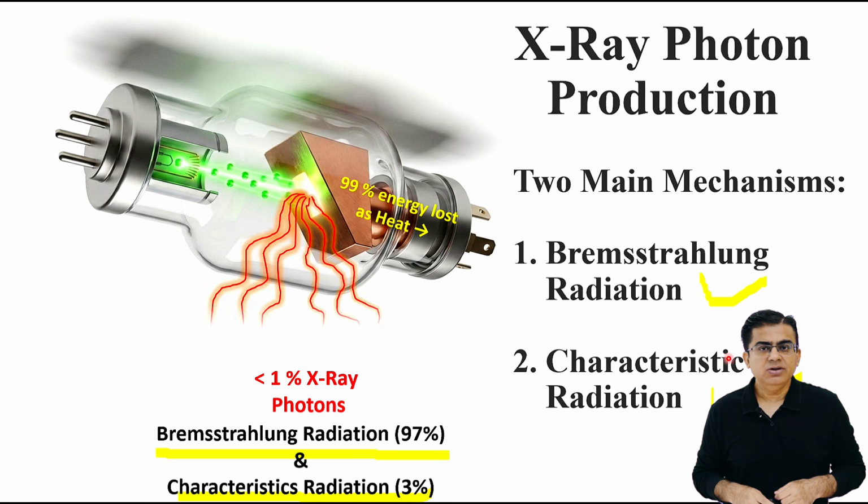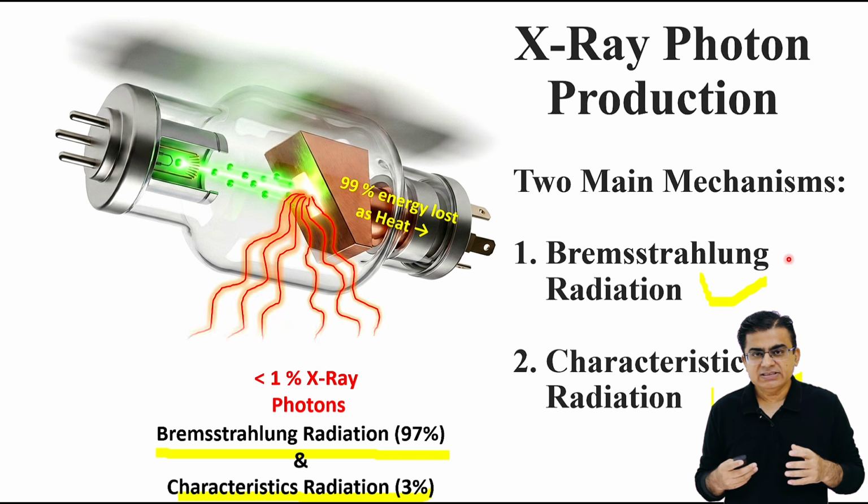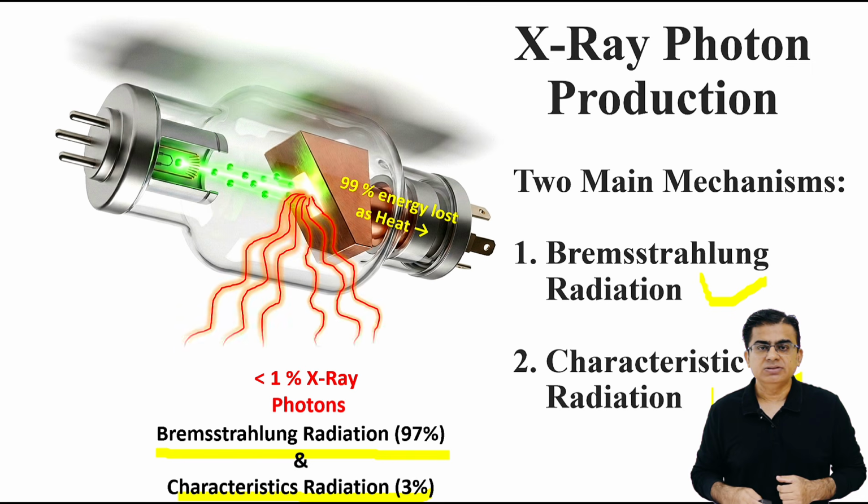Then I will explain to you how the orbital electrons give birth to discrete characteristic X-rays. Finally, I will teach you how to combine these two mechanisms to fully understand the actual clinical X-ray beam spectrum you will get to treat your cancer patients. Let us begin.